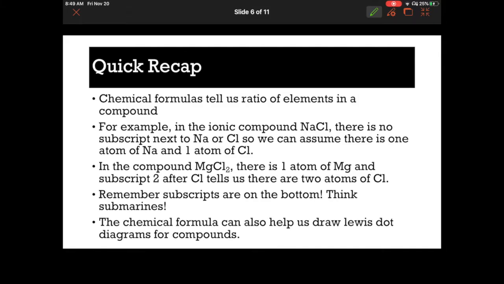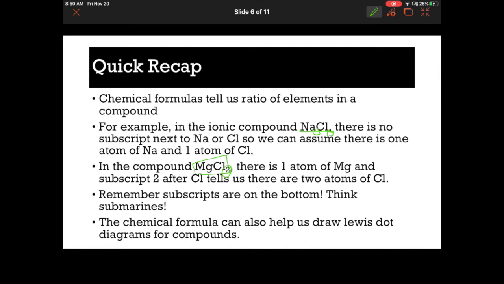The chemical formula tells us the ratio of elements to elements. So if we're looking at NaCl, for example, there's no numbers, so we can assume that it is 1. So that means there's 1 Na for 1 Cl. For every 1 sodium, you need 1 chlorine. If we look at MgCl2, we have 1 Mg and 2 Cls.